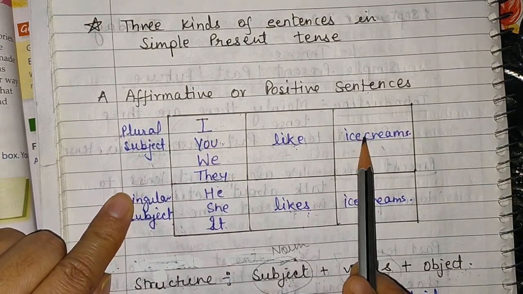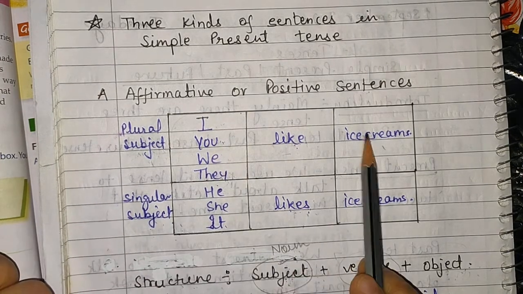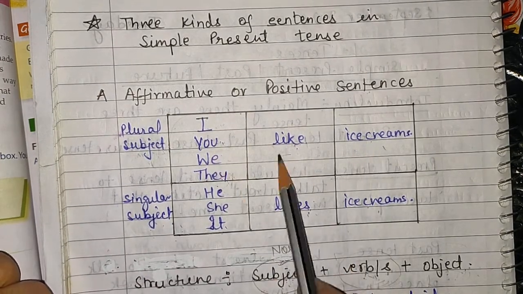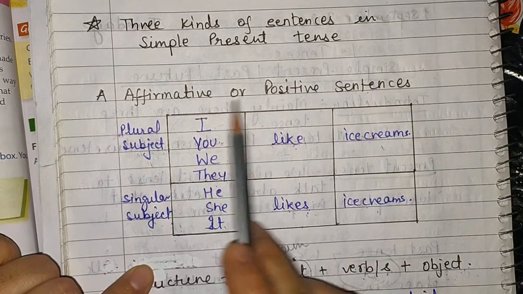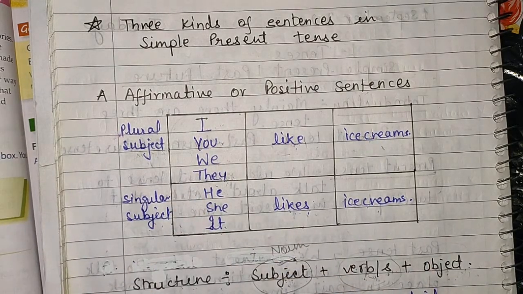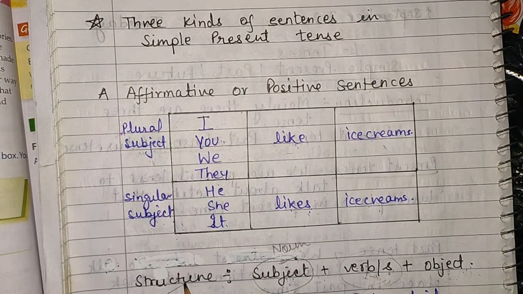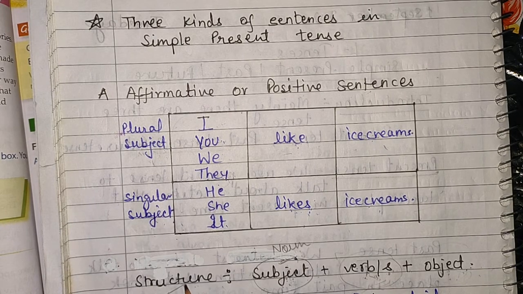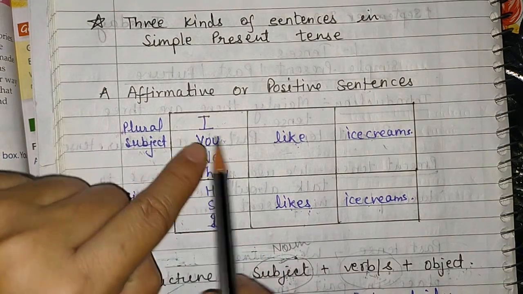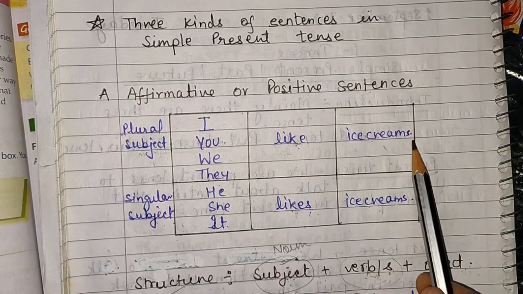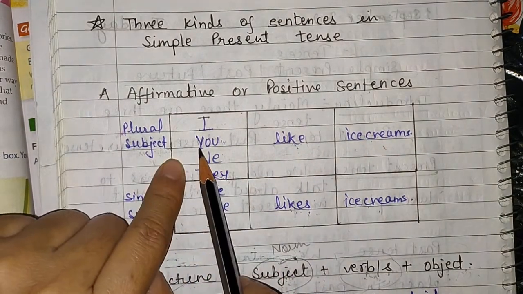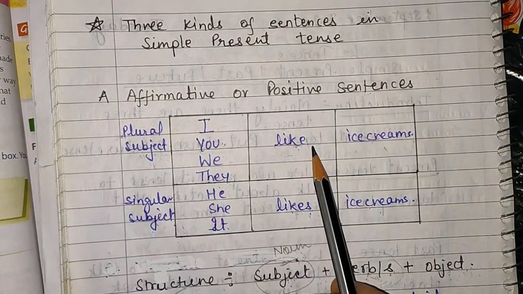I like ice cream. You like ice cream, we like ice cream, and they like ice cream. Now this is a sentence formed by using this structure for positive sentence. This is subject, then verb, then object. The subject is plural, so we haven't added s here.